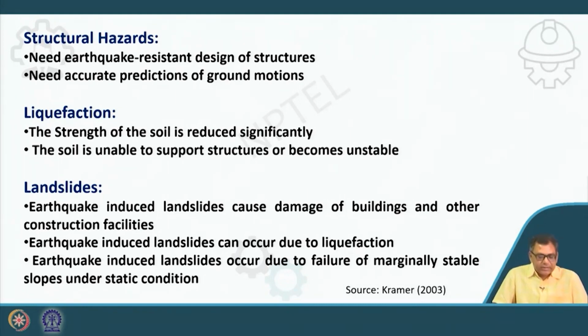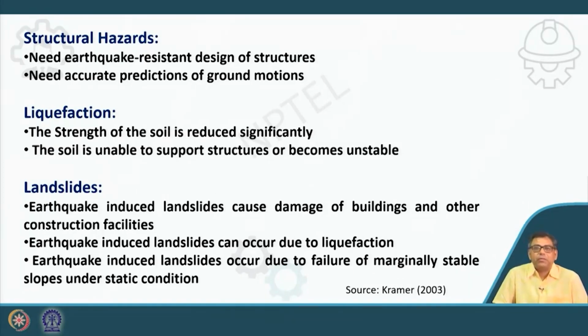Next hazard is the landslide. Earthquake induced landslides cause damage to buildings and other construction facilities. An earthquake induced landslide can occur due to liquefaction. It can also occur due to the failure of a marginally stable slope under static condition.